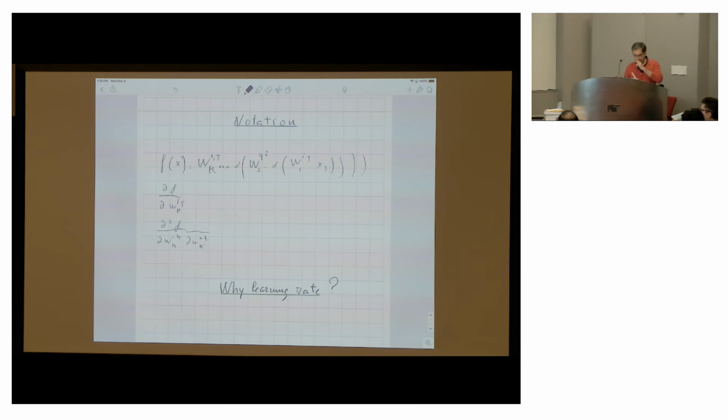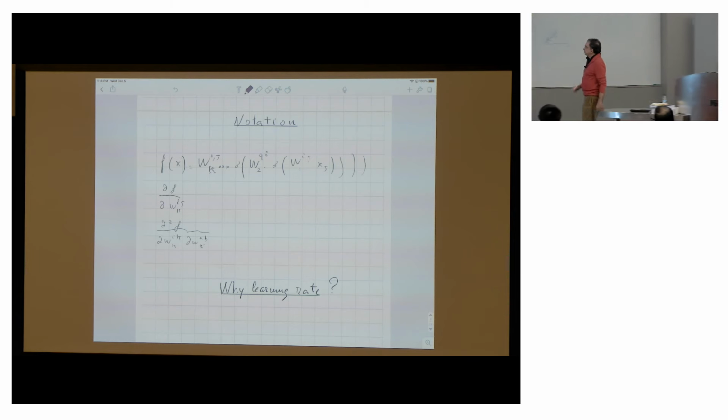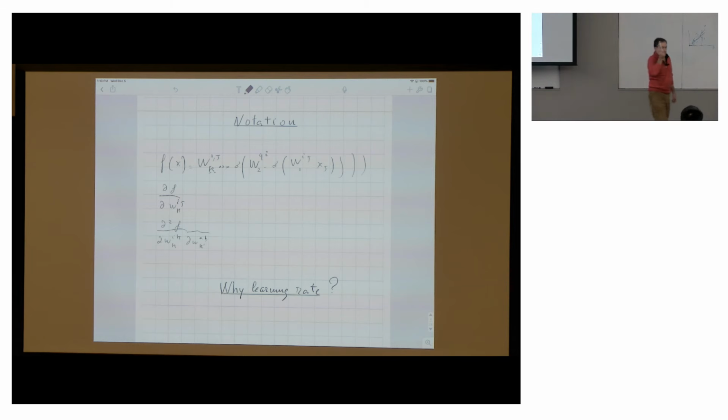So if you have a one-layer network, for instance, k equals 1, the second derivative is 0, automatically.